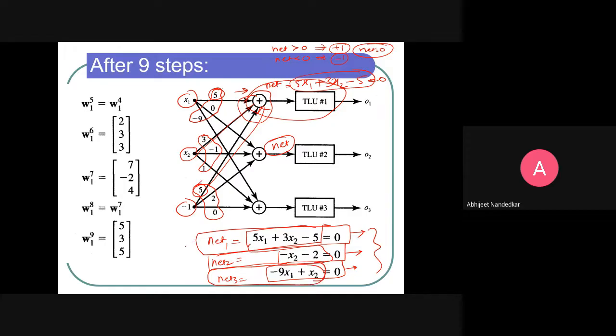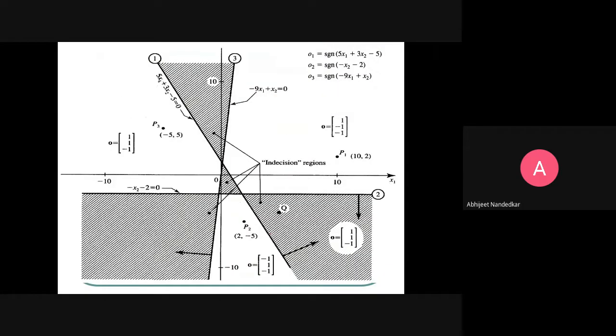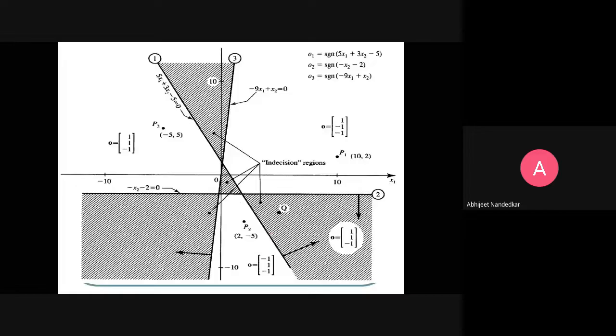To fire neuron number 1, my sum must be more than 0, that is 5x1 plus 3x2 minus 5 is greater than 0, then neuron number 1 is fired. If we plot this, we can see the positive side of the line where the neuron gets fired.